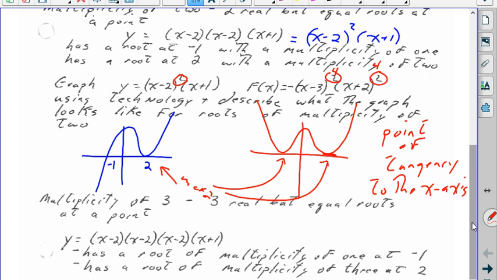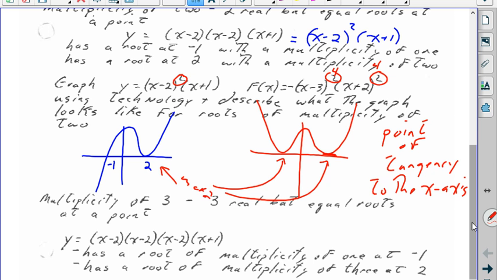Does it essentially look the same, Aurora? It would be definitely more narrow because of the power of 4, but you still have those points of tangency. Now if you were to punch in 6, you would get it even narrower, but you would have points of tangency at those points.